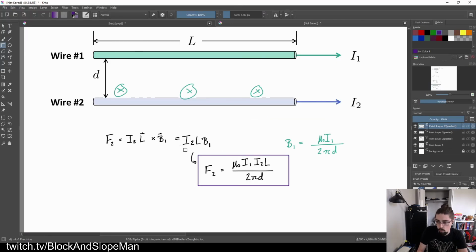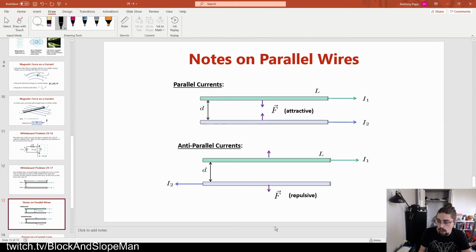If I'm looking at the force on wire number 2, I cross B, and then I get a force pointing towards wire 1. Wire 1 experiences the exact same thing, but the force points down instead. So it's an attractive force between those two. The wires are going to want to cling together. In the case that they're going in opposite directions, the force is flipped too, so now they're repulsive instead.